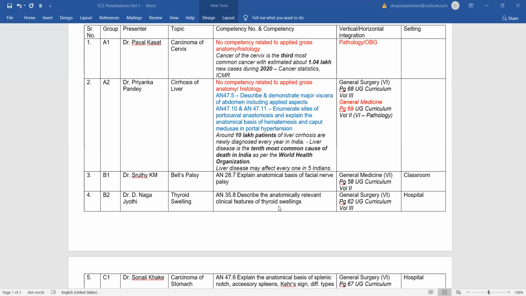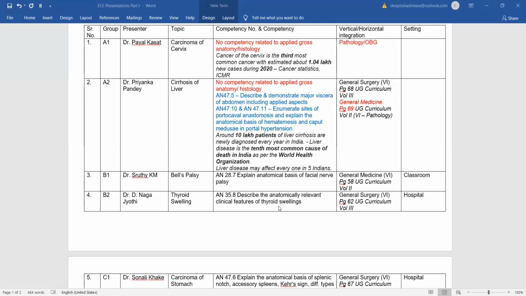There is a competency for gross anatomy, which is called describe and demonstrate major viscera of abdomen. In that, it is location, relations, and applied aspects as well. So we could take cirrhosis of liver as that applied aspect, though it has not found a mention in the competencies.